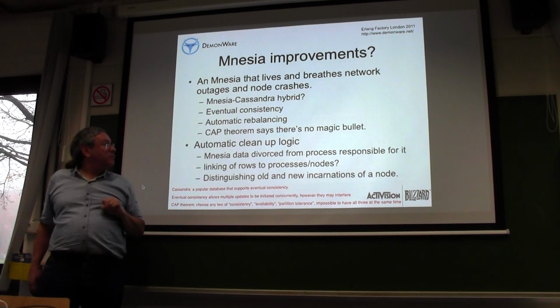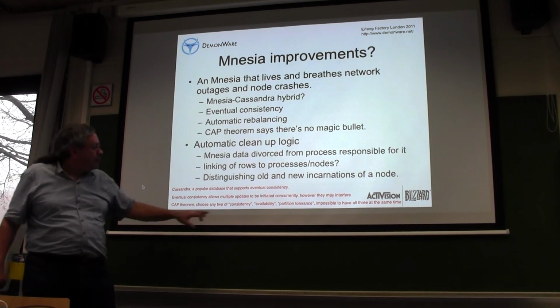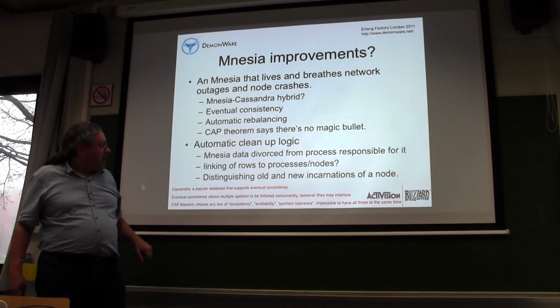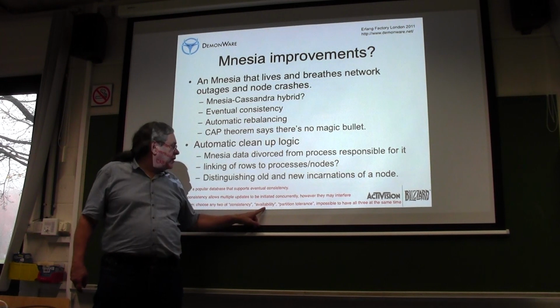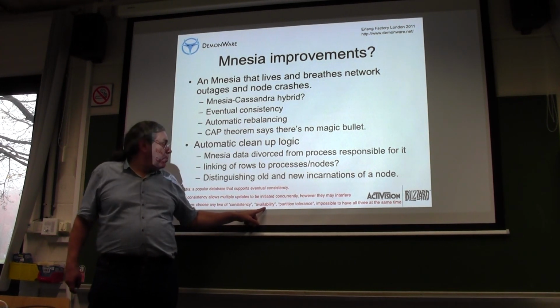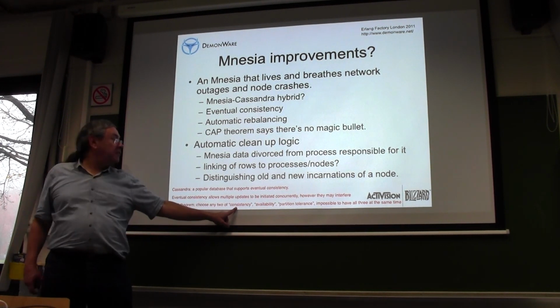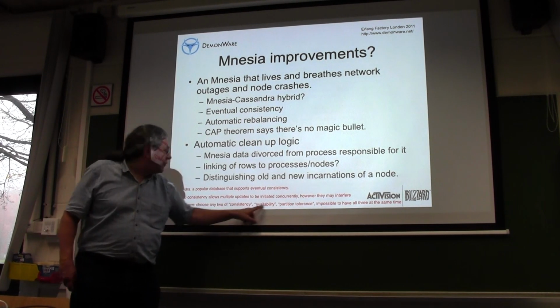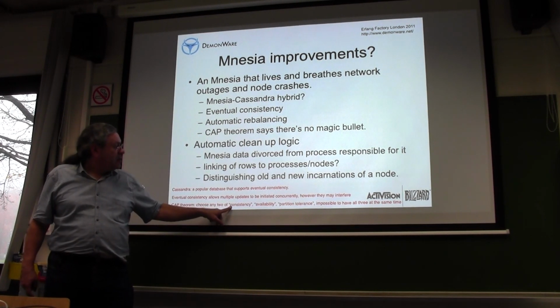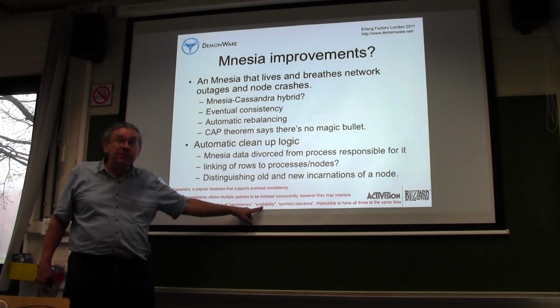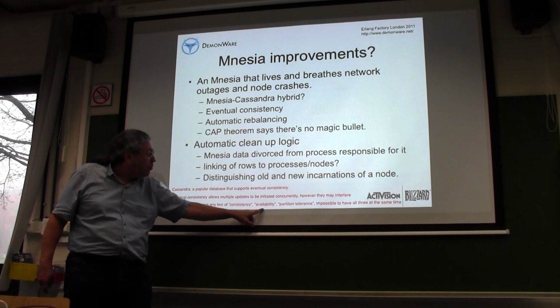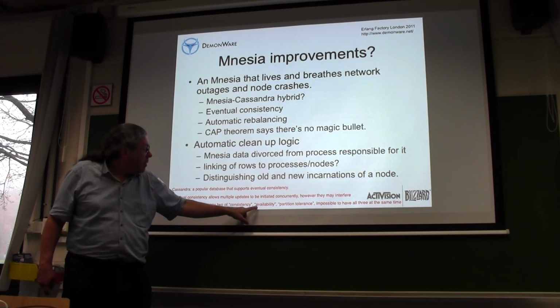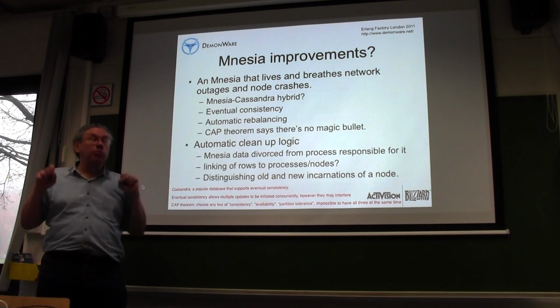That was proven in 2002. You can have two of them. If I have partition tolerance and availability, then maybe the system will be inconsistent. Or I can have partition tolerance and consistency, but maybe sometimes the system will not be able to reply when I make a request, so it won't be available.